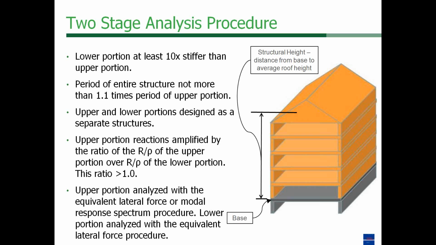And so from the base, which you see labeled here in this drawing, up to, in this case, since we have a pitched roof, the average roof height is how you would measure the structural height of the building, and that's a very important clarification to ASCE 7-10.